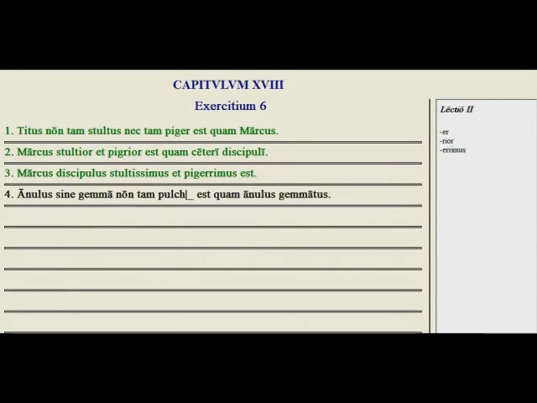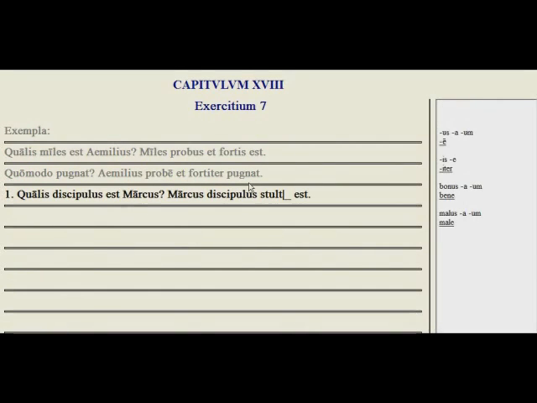Let's try exercise 7. Here we have adverbial forms. If the adjective ends in us, then the adverb ends in a long e. So, for example, probus, which is good. Probe means well.